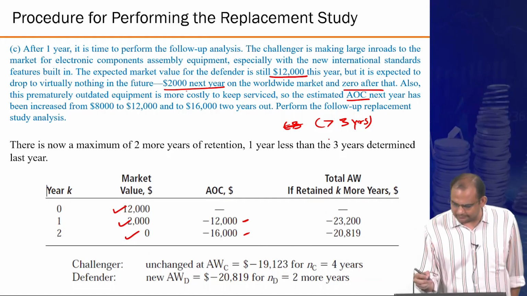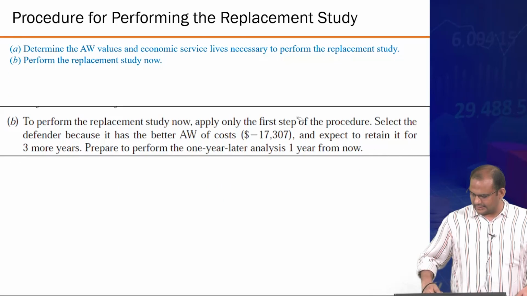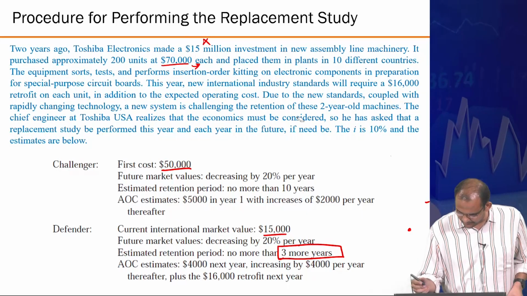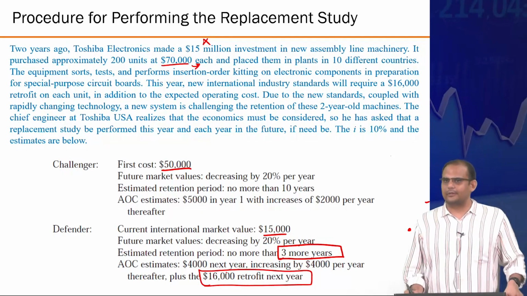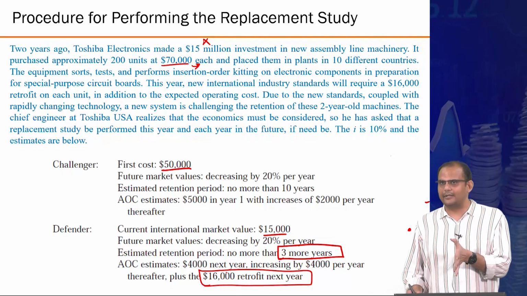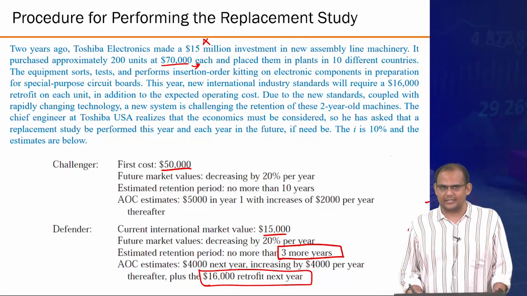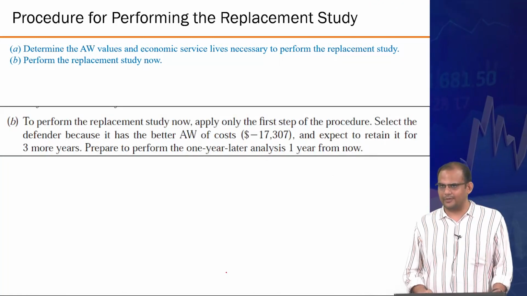At the same time, please notice the key decision of this retrofitting of 16,000, you remember? Last year, in order to operate, we needed to upgrade the Defender by $16,000. That has nothing to do with the decision now.